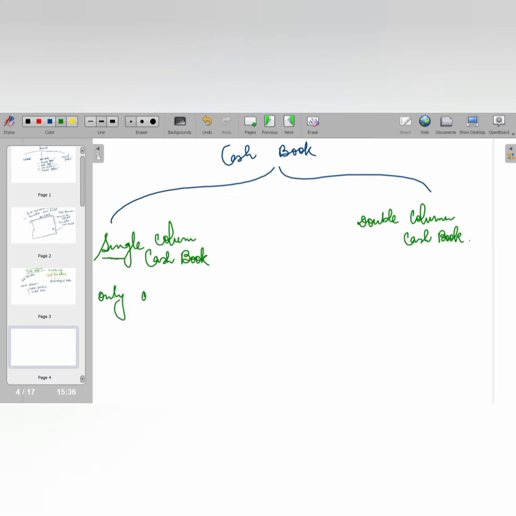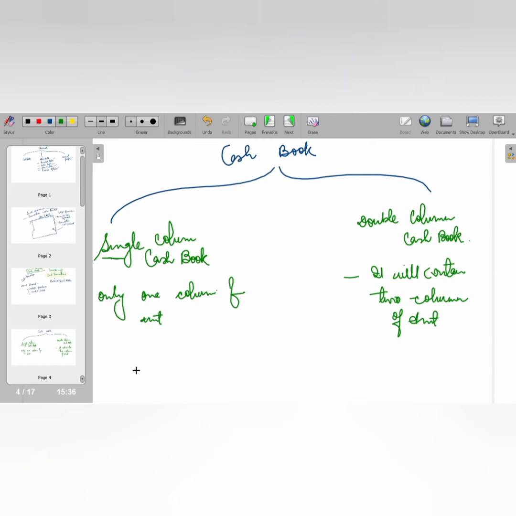Here, the double column will contain two columns of amount. Further we will study all about single and double column. Now you have to understand only that single column focuses on only one column of the amount, and the double column cash book focuses on two columns of the amount.